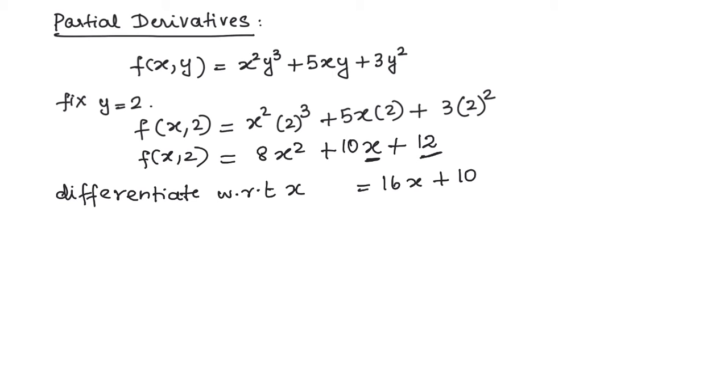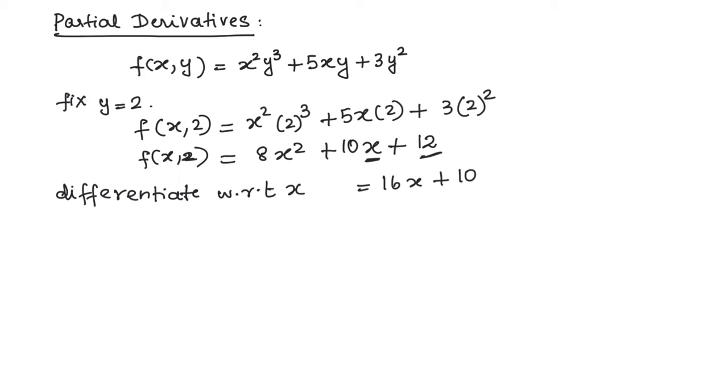So in general we can say we are replacing y with a specific number. But we don't know, it could be 2, 3, 5, any number. That means we can say y is fixed. Y could be any constant. Then the function f becomes a function of x alone, right? Then if you calculate the derivative with respect to x, this is called the partial derivative of f with respect to x.